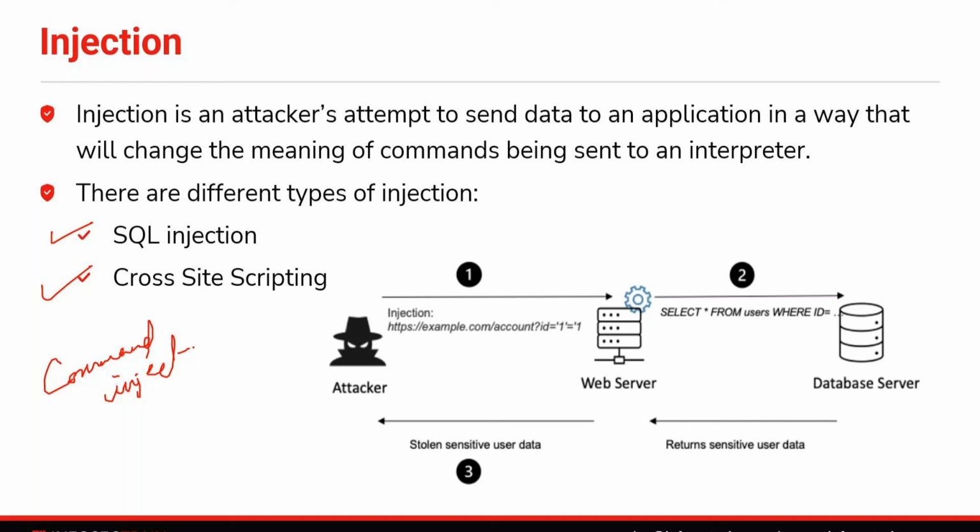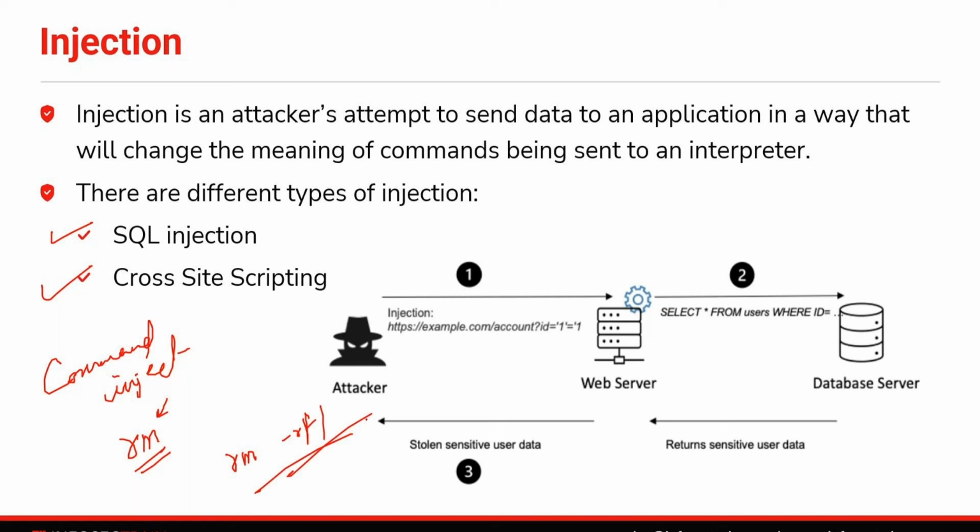Let's say there is a command, for example the rm command, which is used for removing a file in Linux. So the attacker injects some rm command, rm -rf, this command.